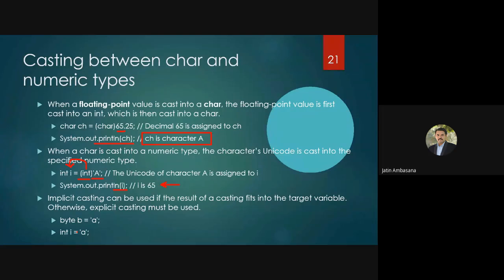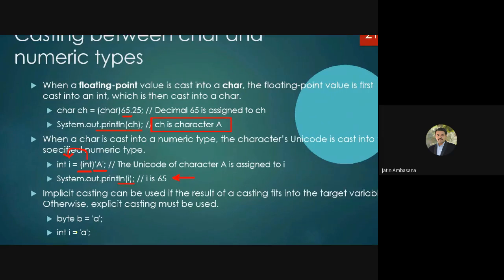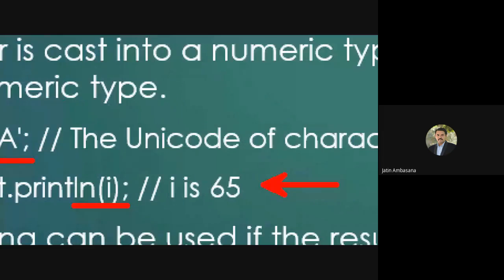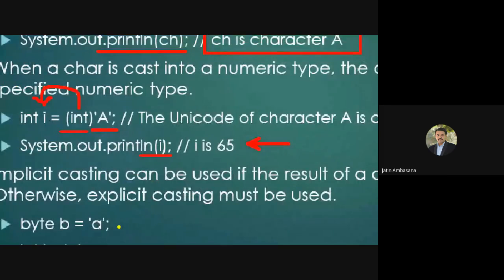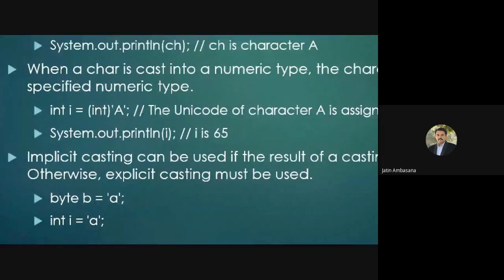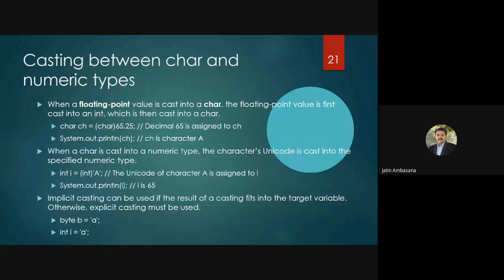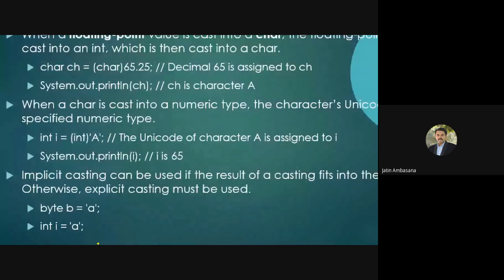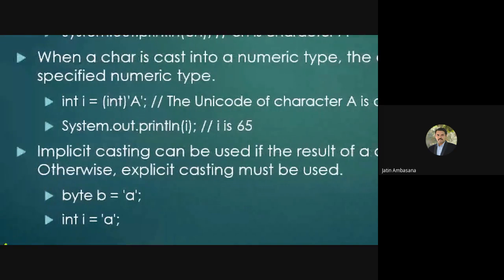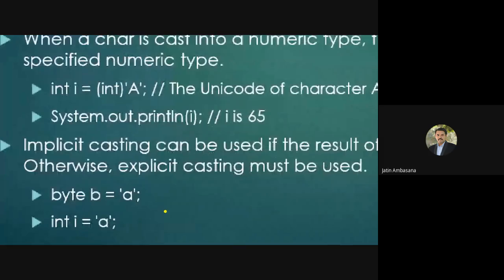And there is something called as implicit casting. We had seen a very small example of implicit casting, or we can say automatic assignment, so automatic conversion. Let me show you here what happens. This is a very good example of automatic conversion.